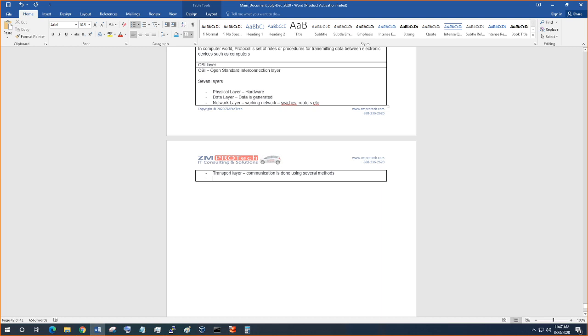Okay, and then the session layer. What is a session layer? The session layer establishes the connection between two devices. A session is a connection established between two devices.